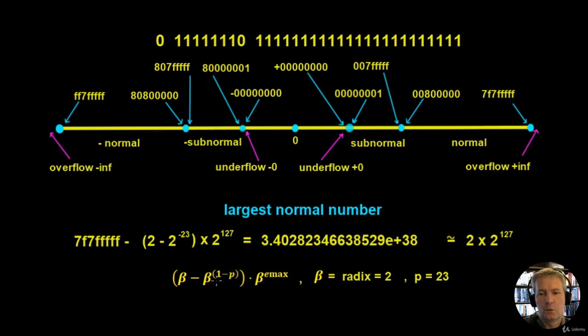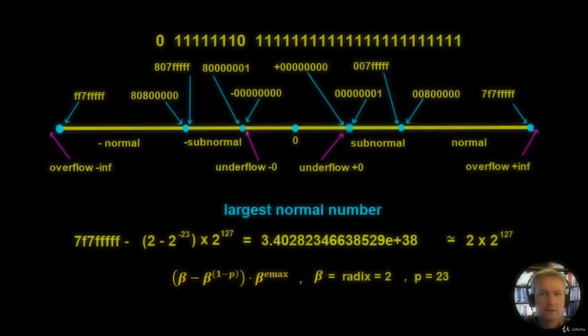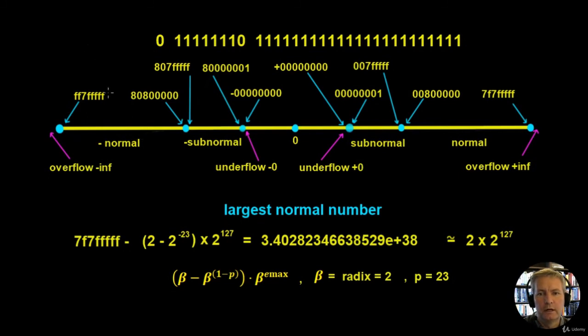So we would say 1 minus 24, which is minus 23, times the value beta to the power of our maximum value here, which is our bias value. The maximum bias value for single precision floating point is going to be 127. So this is how we see the largest possible normal number represented mathematically.